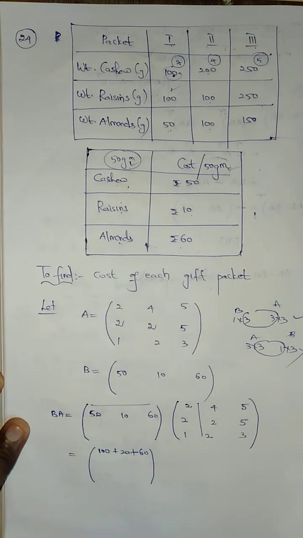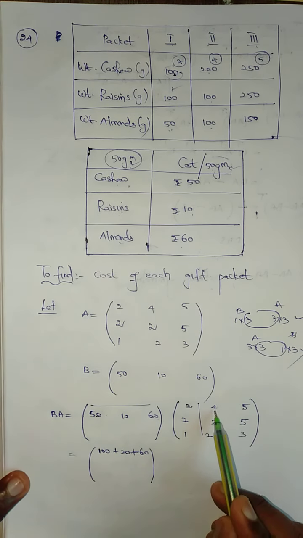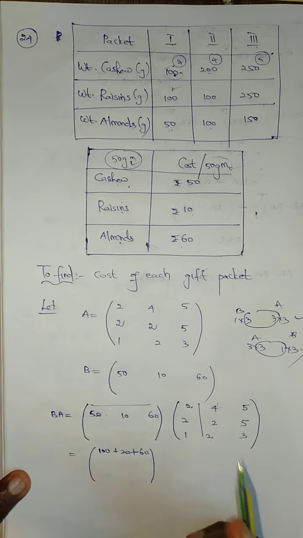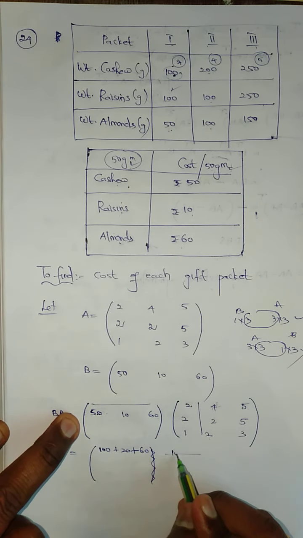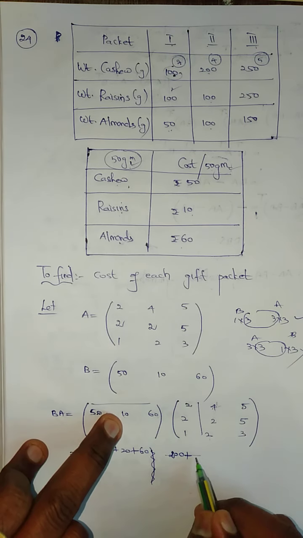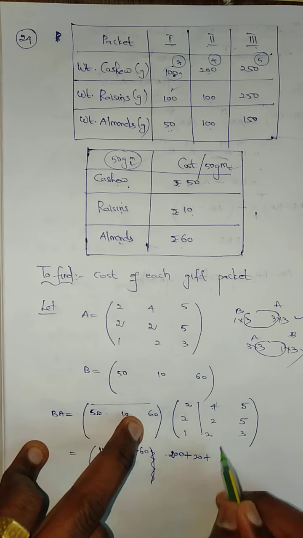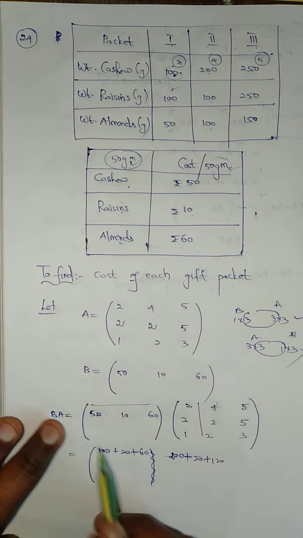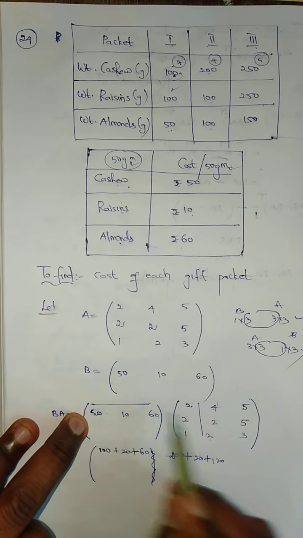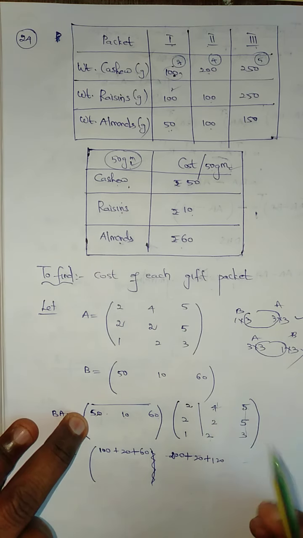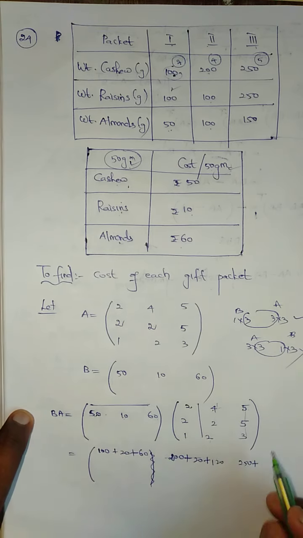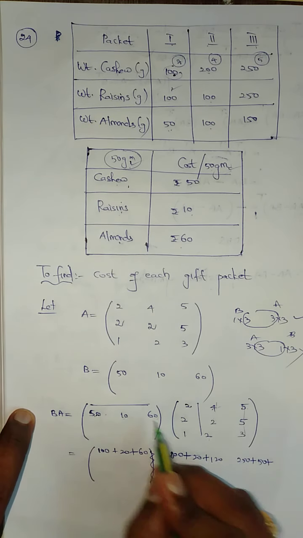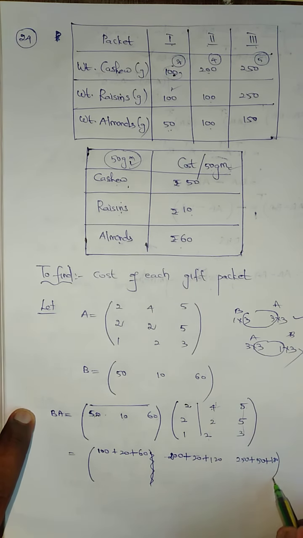So 50 into 4 is 200, plus 10 into 2 is 20, plus 60 into 2 is 120. Next, multiply this and put it here. 50 into 5 is 250, plus 10 into 5 is 50, plus 60 into 3 is nothing but 180.